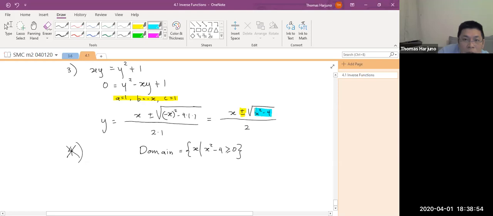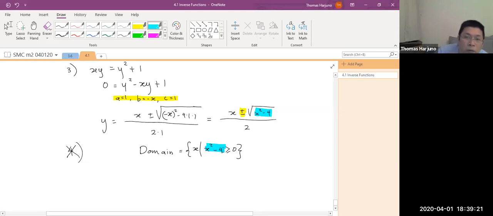So this has to be at least 0. Is it okay? Now, once we are able to find the domain of this inverse, then we will get the range of the original function.